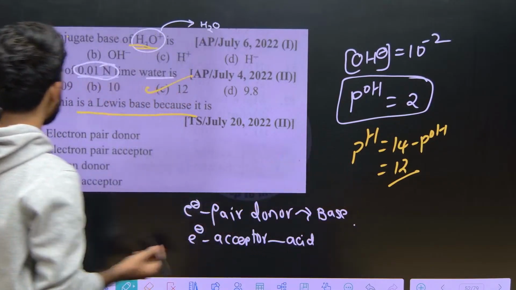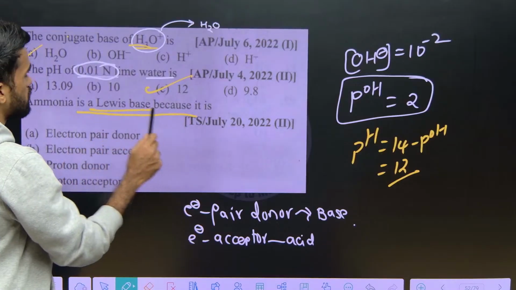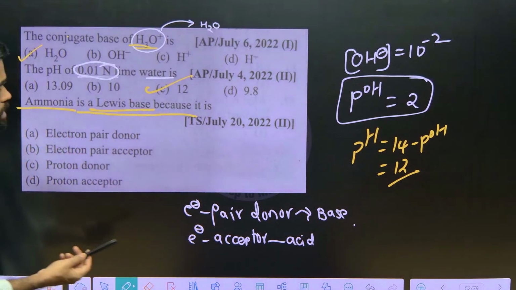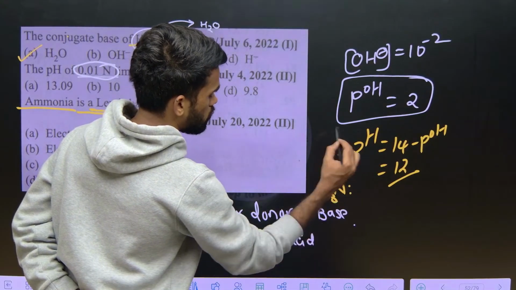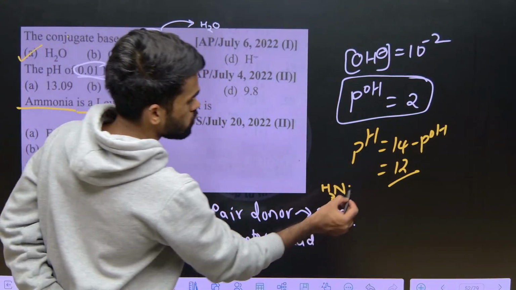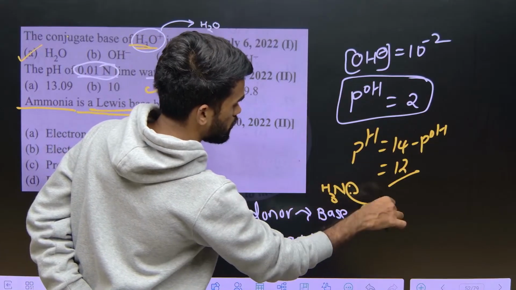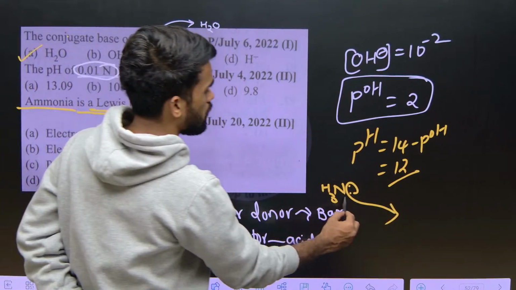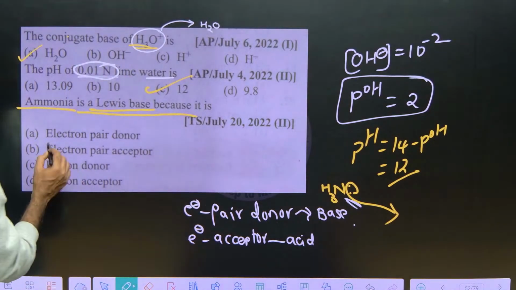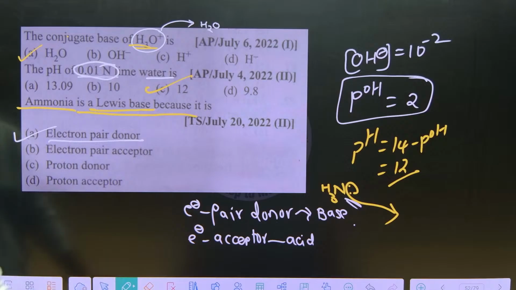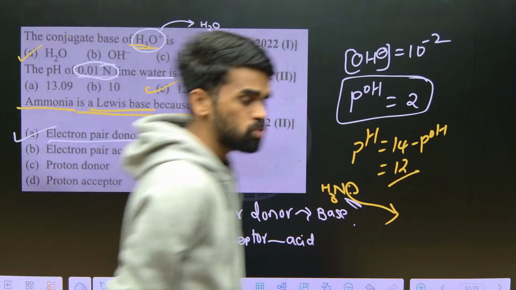Now as per the Lewis acid base theory, ammonia is what? Write the structure of ammonia. Just NH3 with a lone pair of electrons. These lone pair electrons can be donated. So electron pair donor is a Lewis base, option 1. That's it. How simple it is.